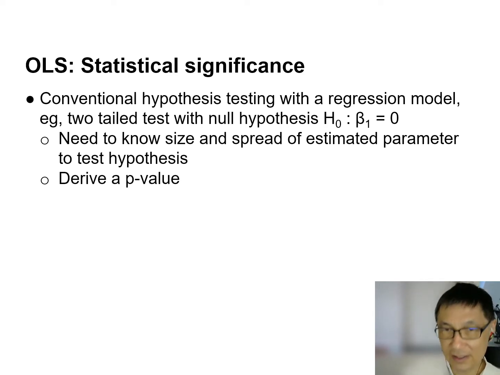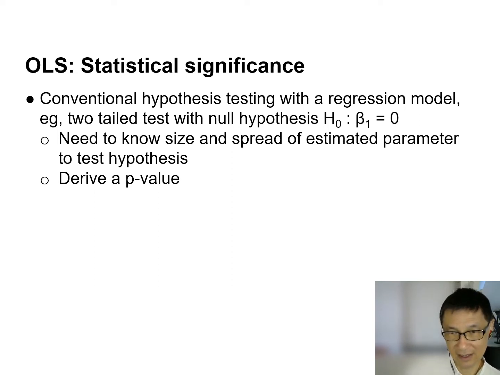The next statistic that's important in hypothesis testing is the degree of statistical significance of the estimate of the parameter of interest. Think of a regression model that we put down earlier. Y equals beta subscript 0 plus beta subscript 1 times X plus U. And let's consider a two-tailed test of the hypothesis with a null hypothesis that beta subscript 1 is 0. We need to understand the precision of the estimate.